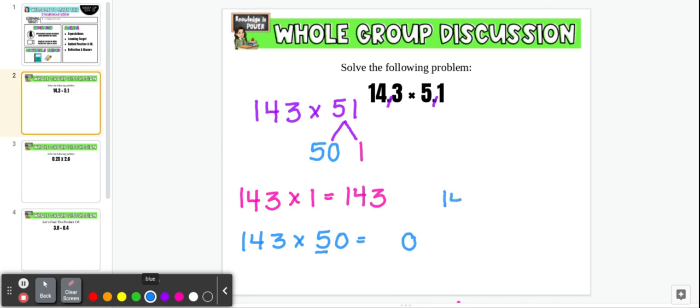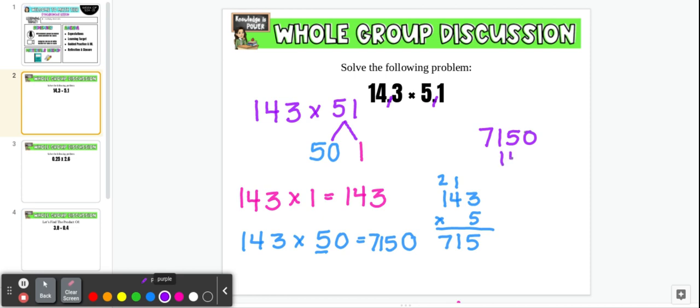So I'm just going to go off to the side and say 143 times 5. You get 15, carry the 1. 5 times 4 is 20, plus 1 is 21. 5 times 1 is 5, plus 2 is 7. So you get 715, and then with that 0 on the end, it's 7,150.